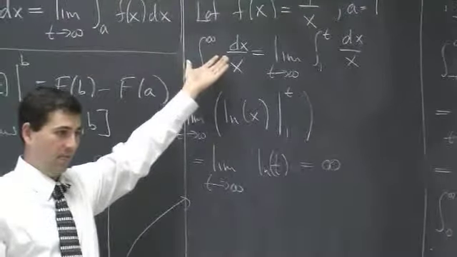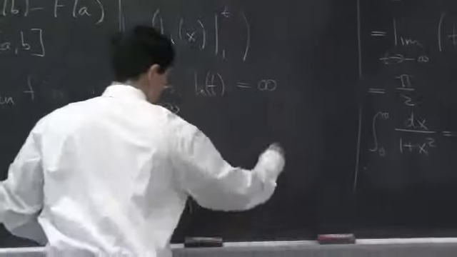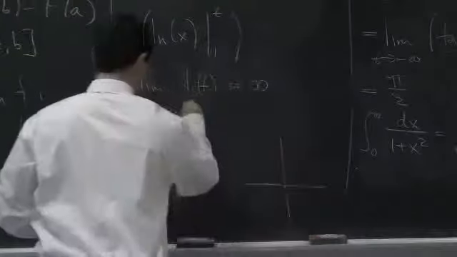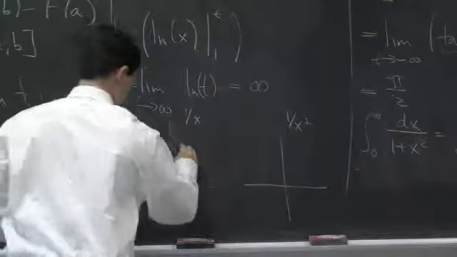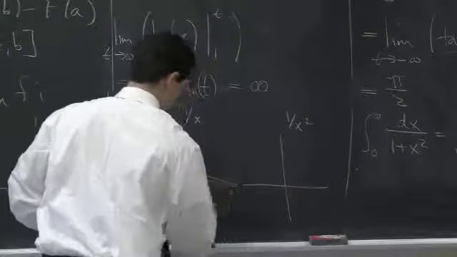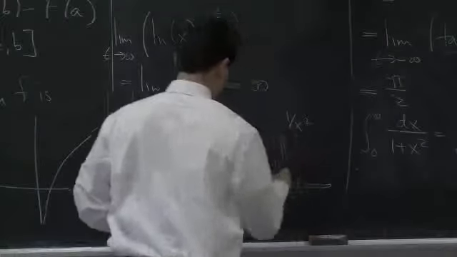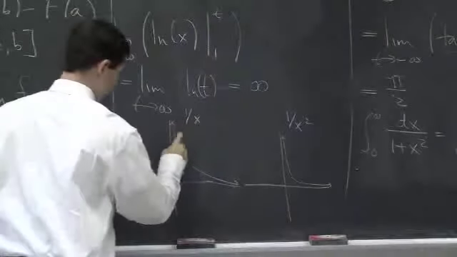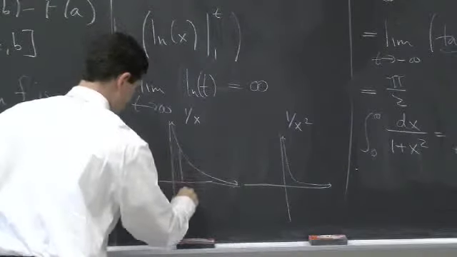Now this is very strange because if you graph 1 over x and 1 over x squared, they look awfully similar. And we'll start it at 1, say.